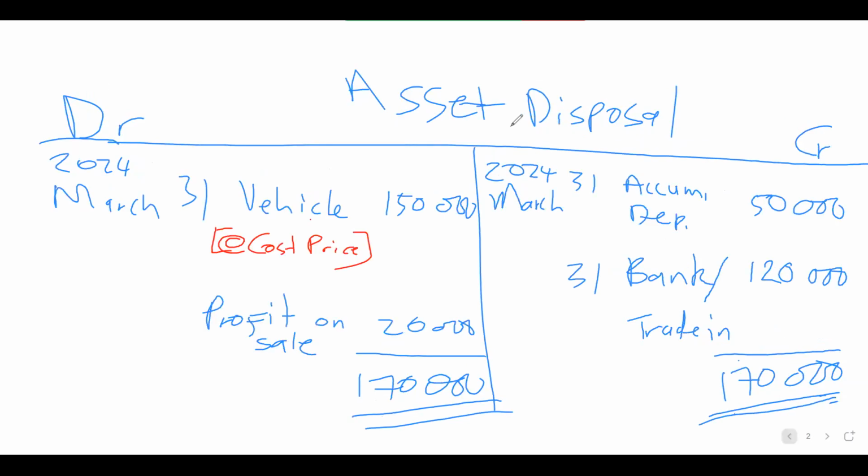With the profit, how do you know if there's a profit? You know if your credit side is bigger than the total of what you have on the debit side. If that is the case, you have to recognize a profit on sale, which will be put on the debit side of an asset disposal account. So far, so good? Yes.